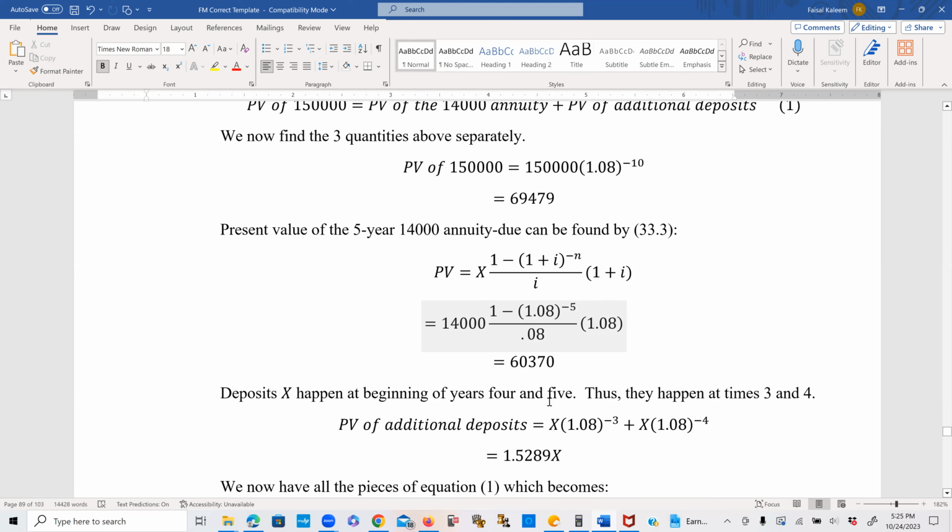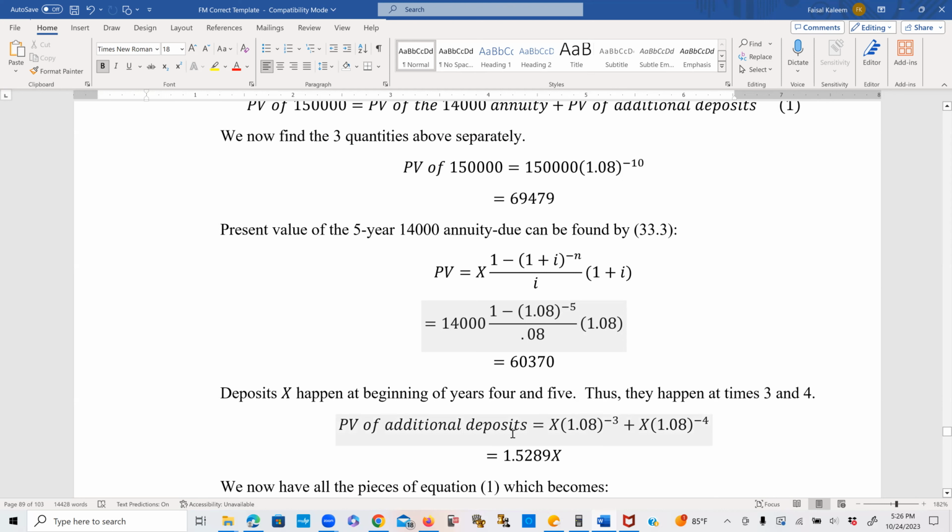So its beginning is at time 4. So in other words, the beginning of any period of time is one period before that time. So the beginning of year 5 is time 4, and the beginning of year 4 is time 3. So the additional deposits are happening at times 3 and 4.